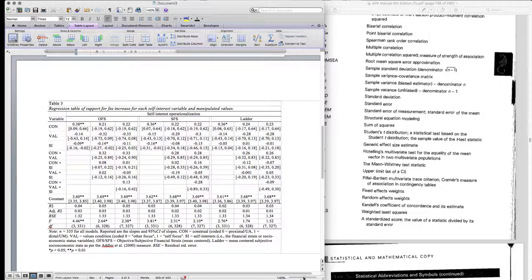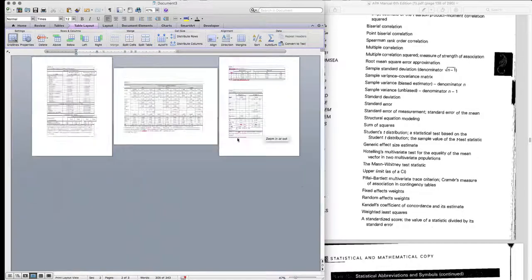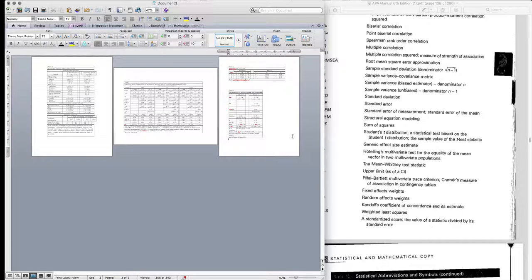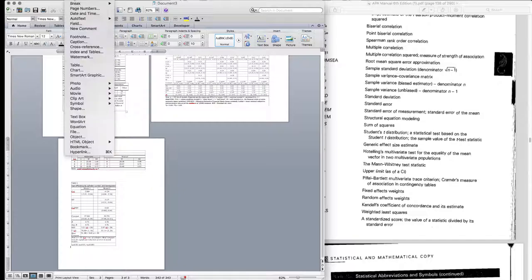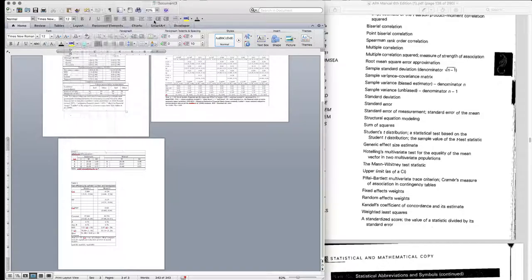One thing that I'll also point out is you'll notice that this table is too wide for a page. And so we had to do a horizontal page here. If you need a horizontal table, then what you have to do in Word is add a section break, kind of like a page break, where at the bottom of this page, you insert break, and it'll be a section break instead of a page break.